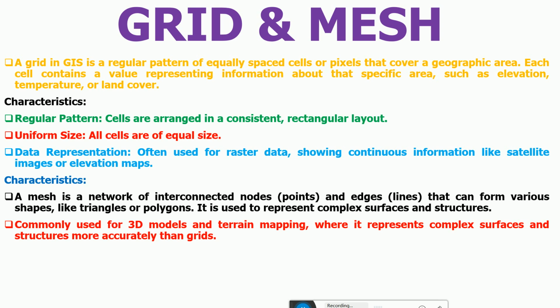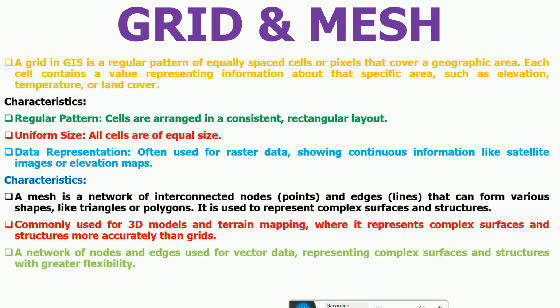So a mesh is used when you are using a 3D model, but in the case of a regular body, you will use a grid. A complex surface is represented by a mesh, a network of nodes, and is used for vector data representing complex surfaces and structures with greater flexibility.